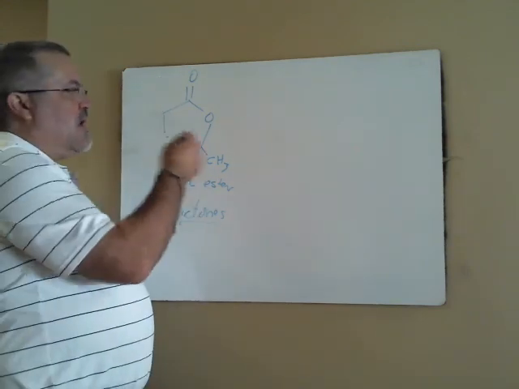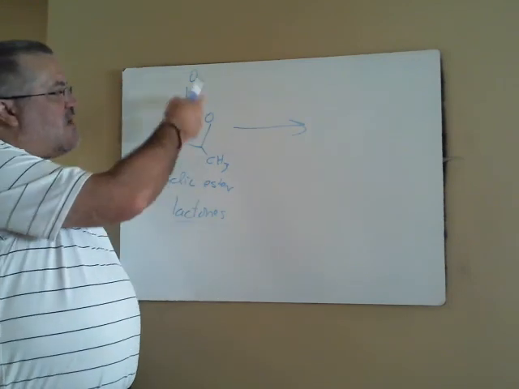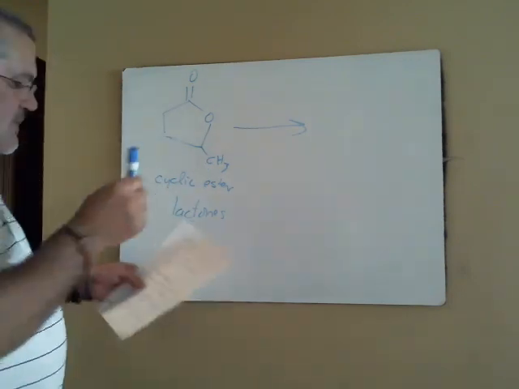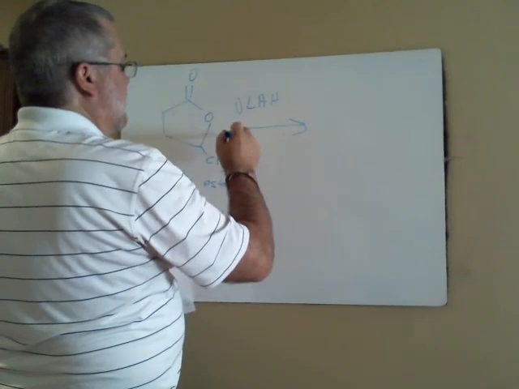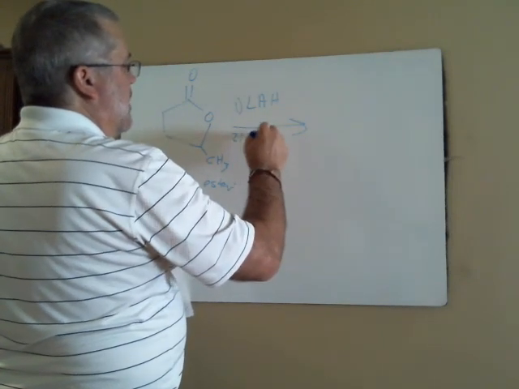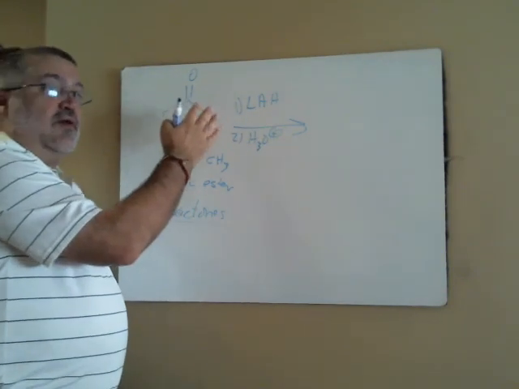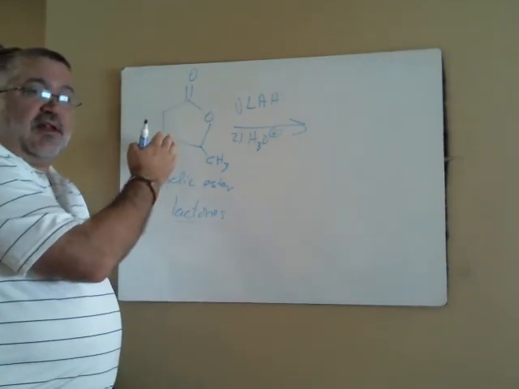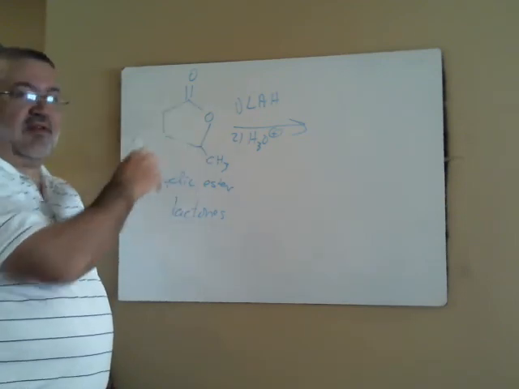I just want to show this example. It's the same reaction we've talked about, but if you have a cyclic ester, you have to remember when you react this with LAH and an aqueous acid, so you're doing your hydride where you do first the substitution and then the addition that gives reduction to the alcohol, what's going to happen to the lactone ring?